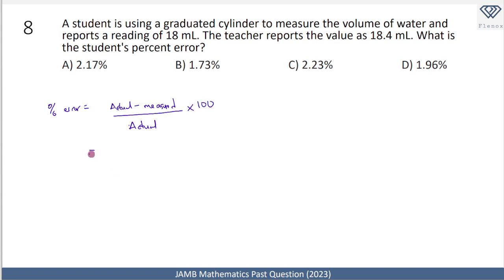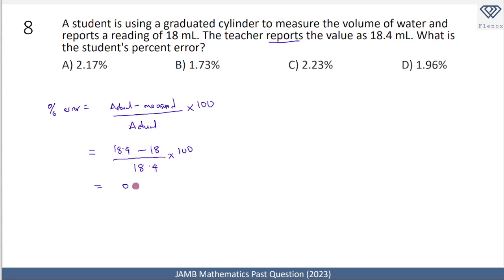Now, in this case, what is the actual value? The actual value is the standard value or the correct value. And from our question, we know that the correct value will be given by the teacher because that is what the teacher reports. So the actual value is 18.4. And what did the student measure instead? He measured 18. Oh, sorry, the actual is 18.4, so this is divided by 18.4.